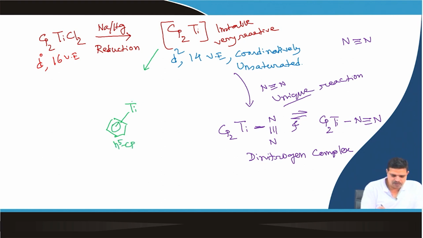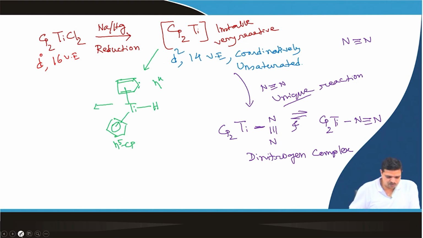And what happens, one Cp, like that. So you will see that it has become eta 4 with the titanium hydrogen bond. Now the two units of this undergo the coupling reaction between them.